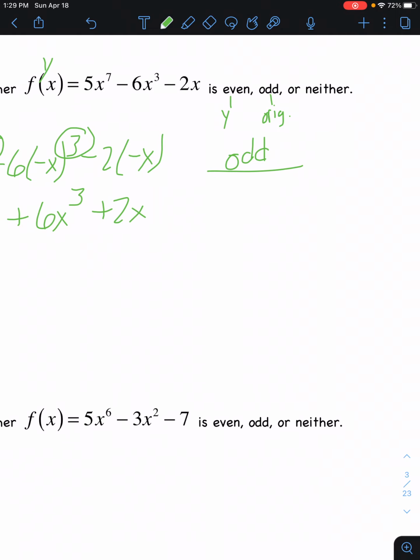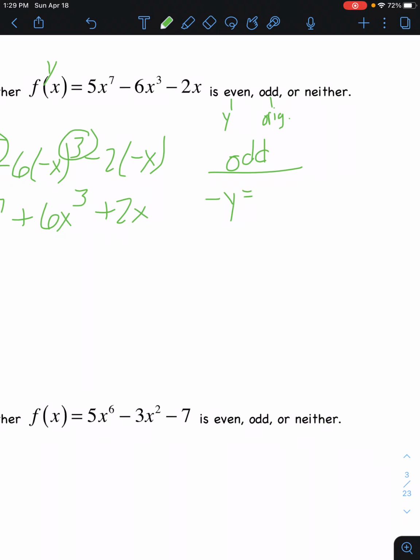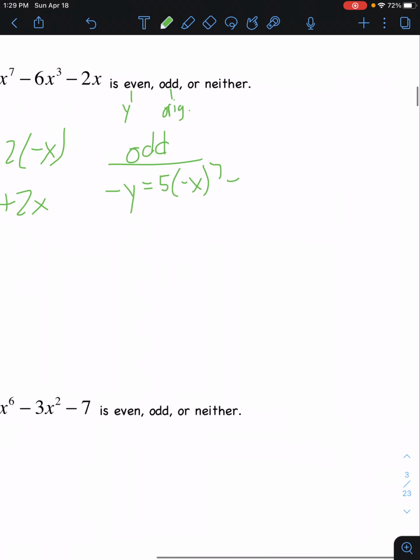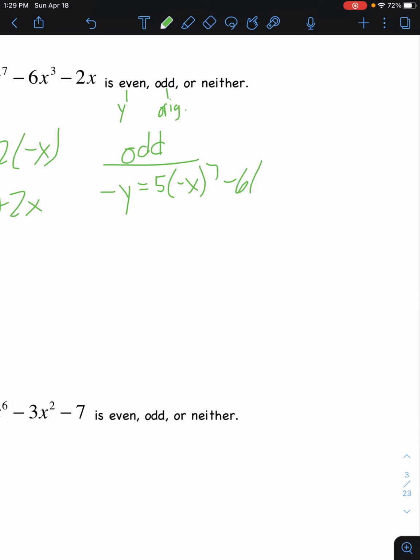So again, instead of f of x, we're going to use y, but we do negative y equals 5 times negative x to the 7th minus 6 times negative x to the 3rd minus 2 times negative x.